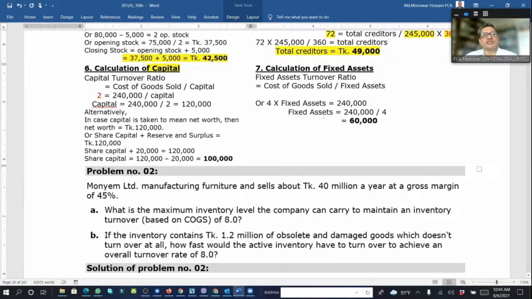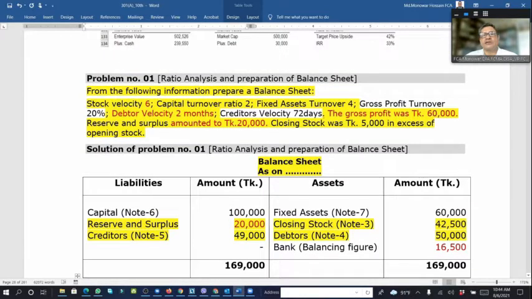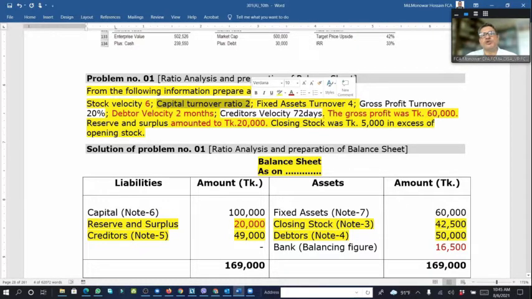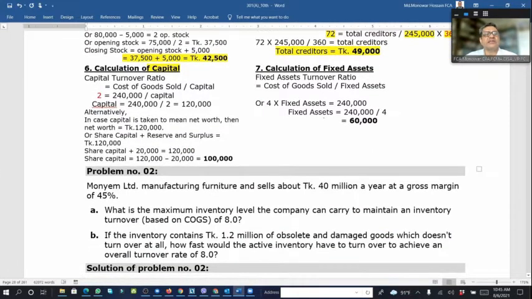Capital turnover ratio, as stated in your question. Look here, what is the capital turnover ratio? This is capital turnover ratio 2. So this 2, if we put here, capital turnover ratio, you know, equals cost of goods sold divided by capital.